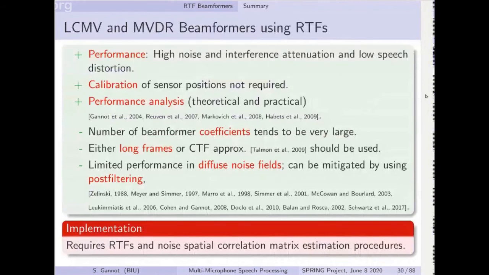As I said before, this can give us benefits in performance. We do not need any calibration of the microphone positions or anything related to it. Of course, the beamformer that is working with the RTFs will have a lot of coefficients which we'll have to estimate.